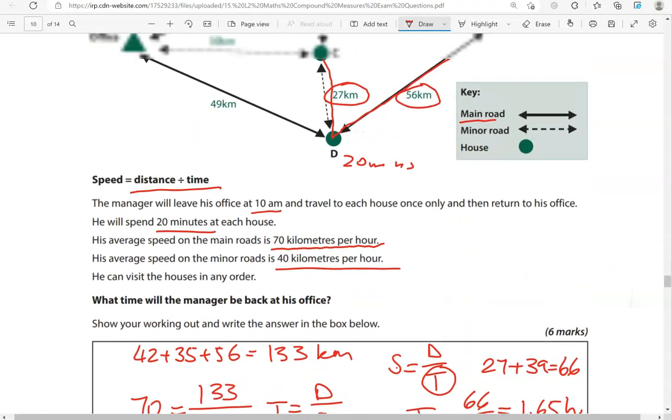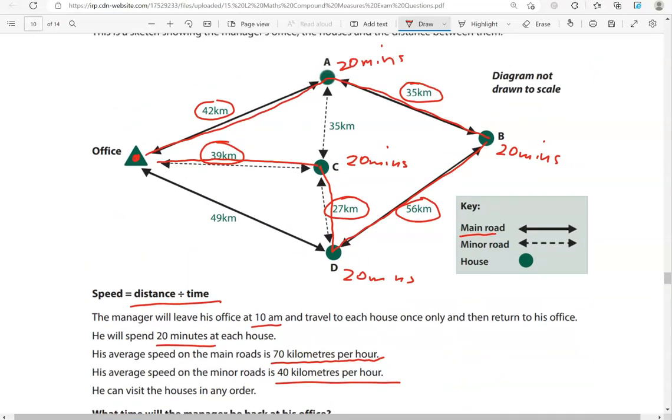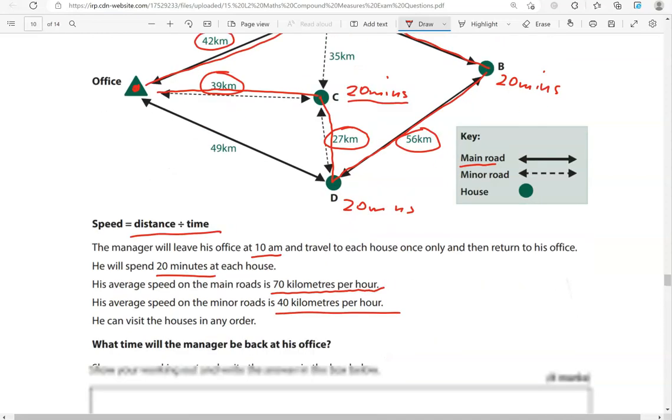We also have the 20 and 20 and 20 minutes and another 20. So that is 60 and 20, 80. So 1 hour and 20 minutes.